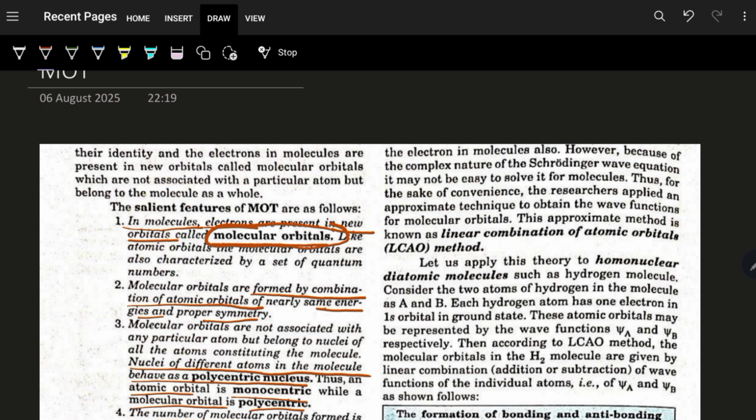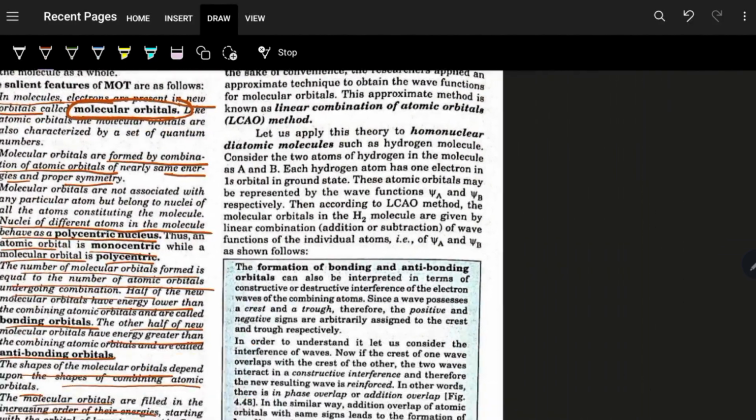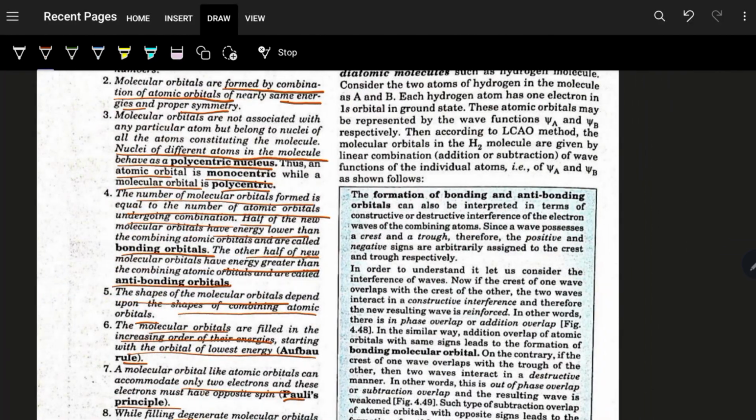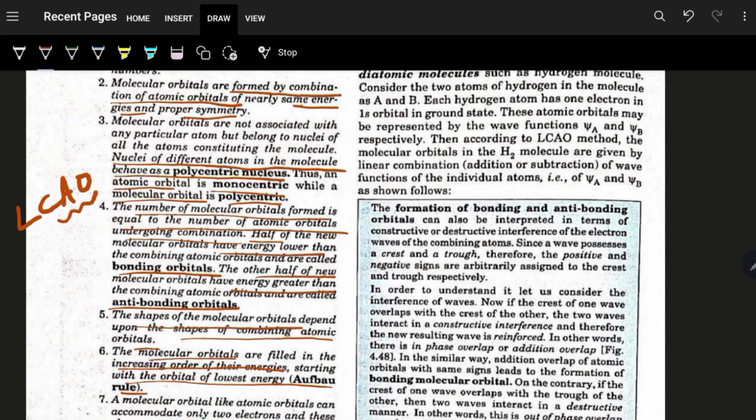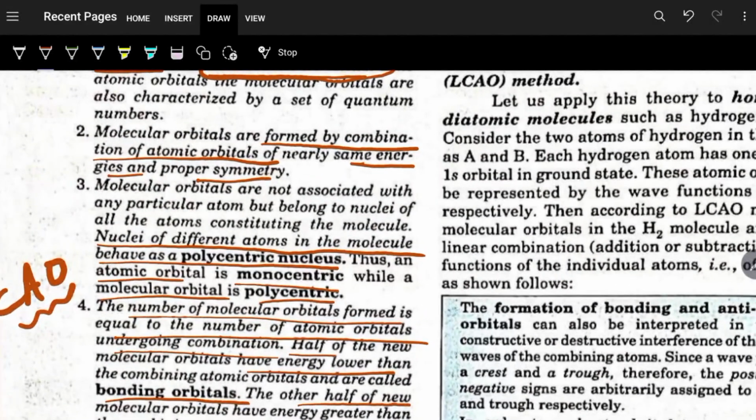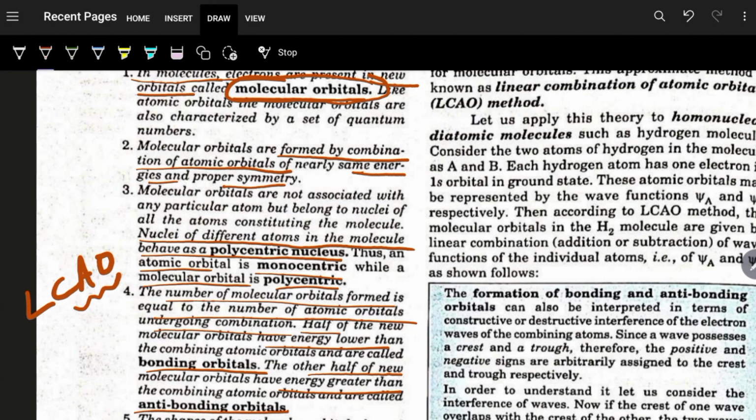Now, molecular orbitals are formed by the linear combination of atomic orbitals. Okay. So now these combining atomic orbitals should have the same energy, or they should have proper symmetry in order to combine.